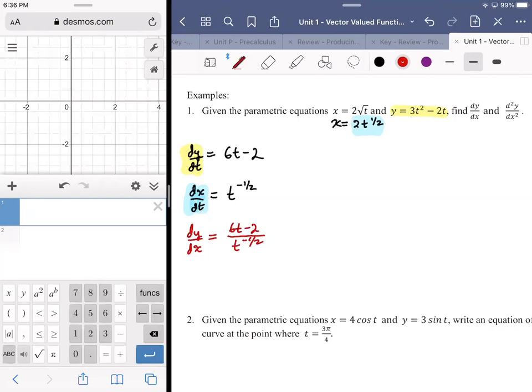It's one of those things where you make a choice, and then you either are glad that you made a particular choice, or you regret it later on. You'll find out, right? So what I'm going to do is split this fraction up. So I'm making the choice to simplify, in case anyone was wondering. So 6t over t to the -1/2 minus 2 over t to the -1/2.